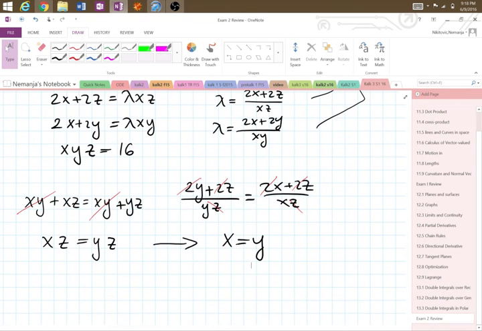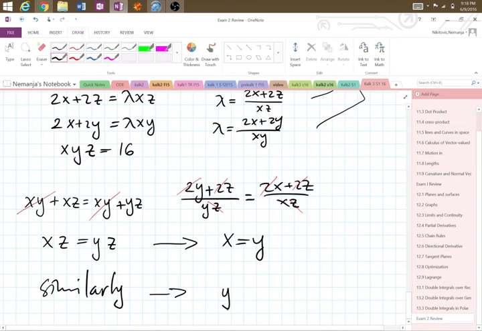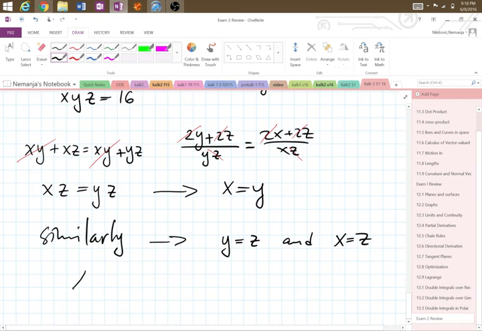And then similarly, because all of this is symmetric in this case, you're going to get that y is equal to z and x is equal to z. So x is the same as y, same as z, and that's going to give you a cube.